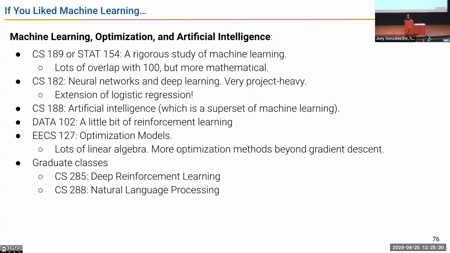We also have some grad courses that you might be able to get into or audit. We have a reinforcement learning course, which is a great course, and then we also have 288, our natural language processing course. I think we don't have an undergrad NLP course yet, but I've heard Info 159 can also be a good option that you can take.